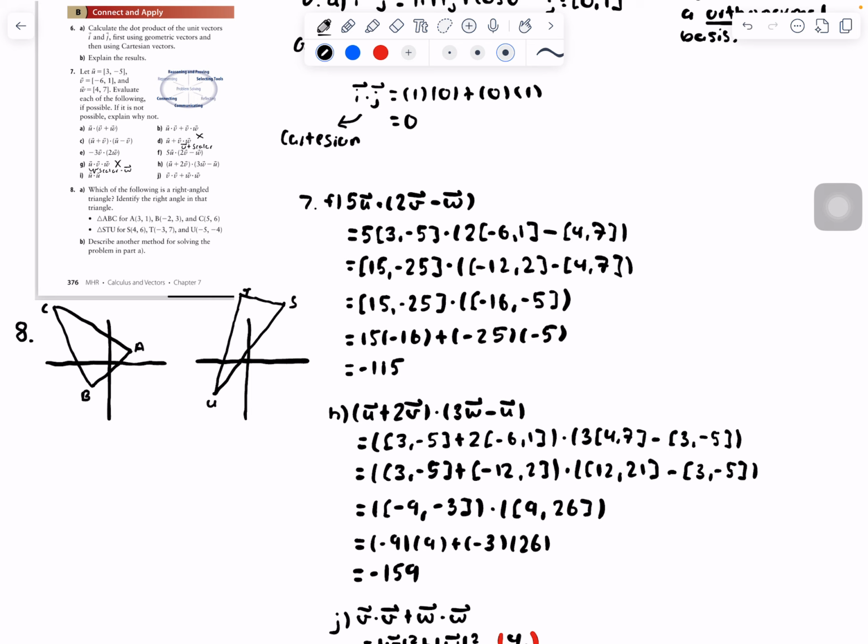So the way I would do this to identify the right angle in that triangle is to first get some side lengths of each triangle down. So let's do that. For triangle ABC, let's define side lengths AB, BC, and CA.